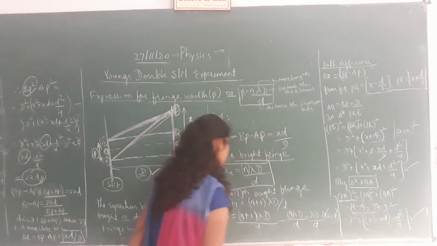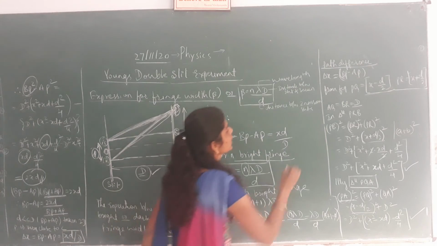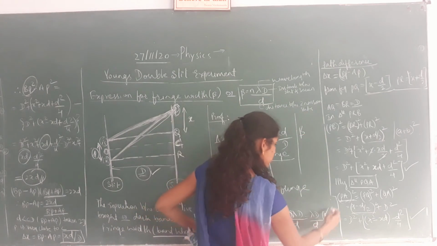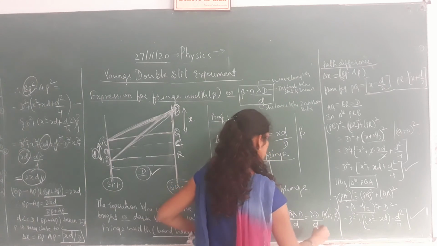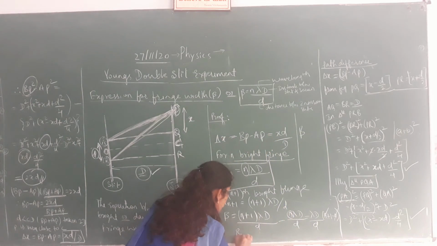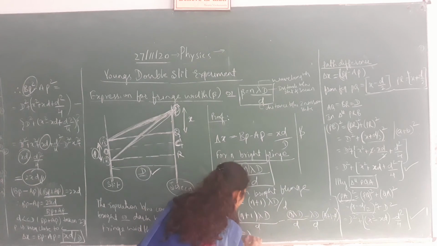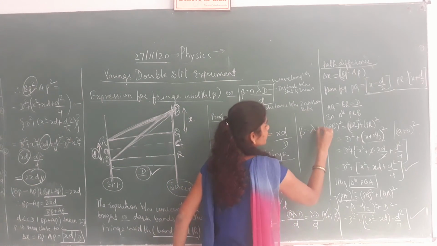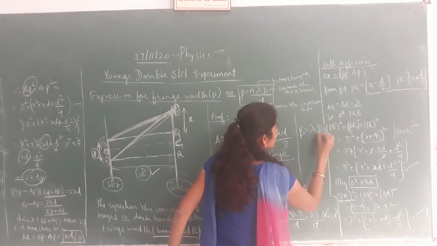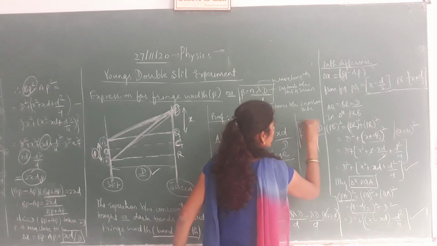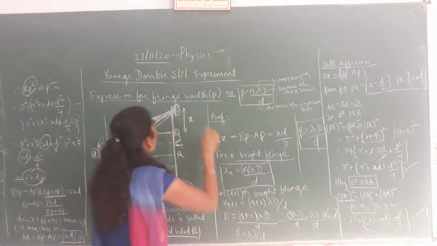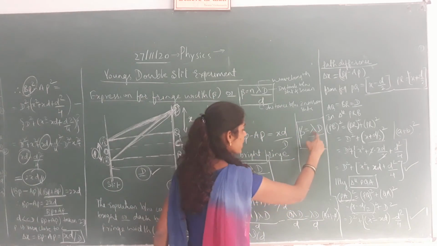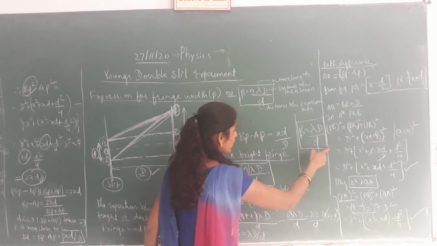So the final expression we get: fringe width beta is equal to lambda D divided by small d. That is the expression for fringe width.